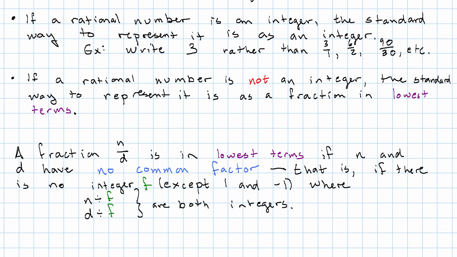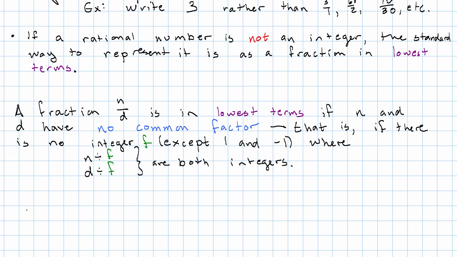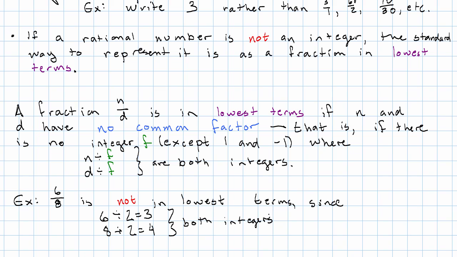integer results. So, for example, the fraction 6 over 8 is not in lowest terms, since 6 divided by 2 is 3, and 8 divided by 2 is 4. Those are both integers.